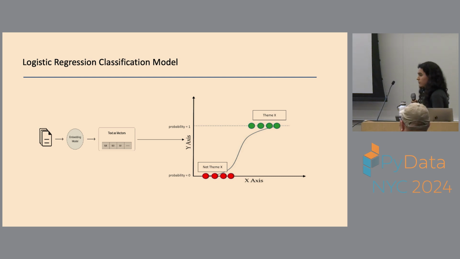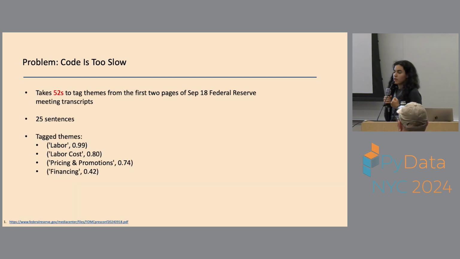So let's go back to the problem. We pushed this code to production, and the code is just too slow. The entire goal was to make this fast, so that the valuable time of our research scientists is not wasted as they help us tag the true data.